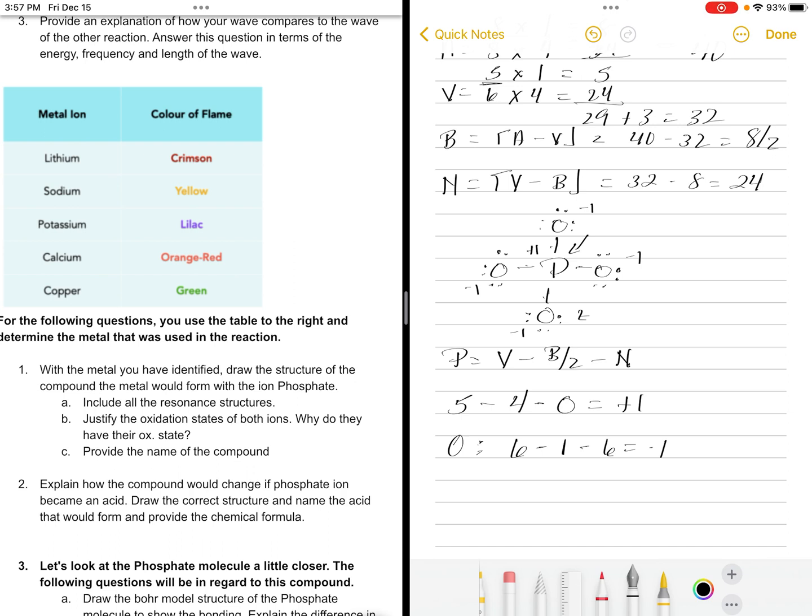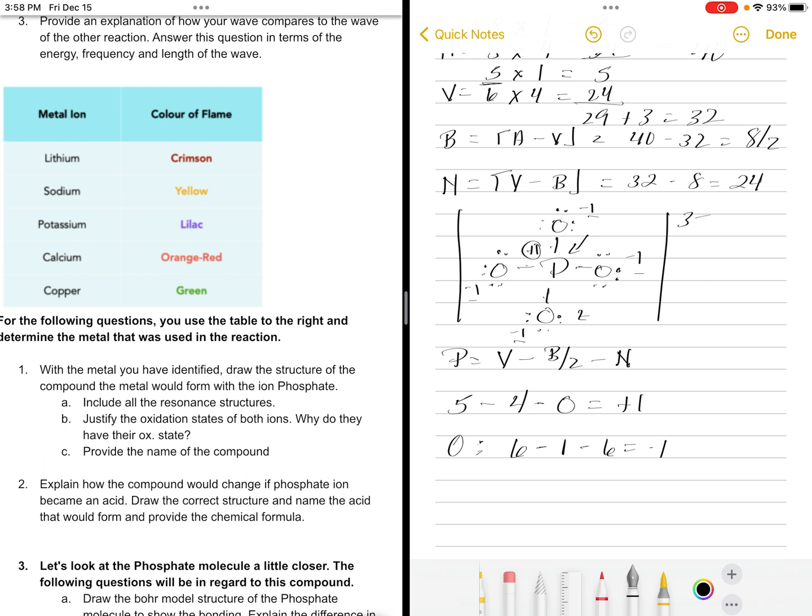Now, you can see here that if I take -1, -1, -1, -1 for all the oxygens, here, here, here, and here, and then that gets me to -4, but then I add this +1 here, then the overall charge is a 3-, right?